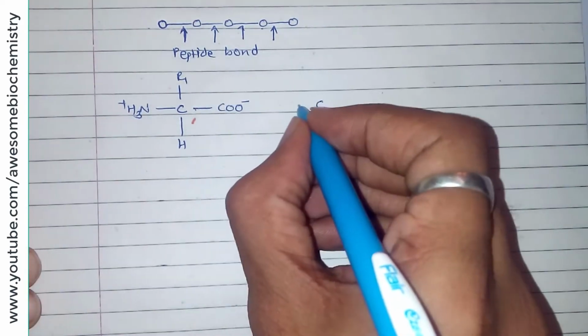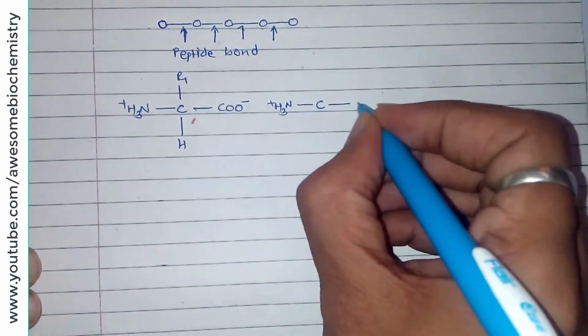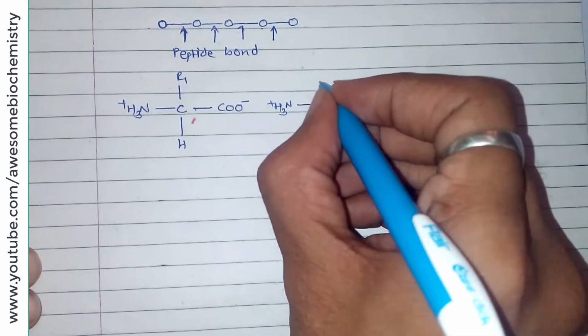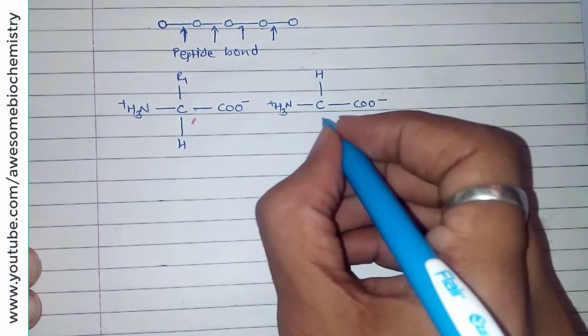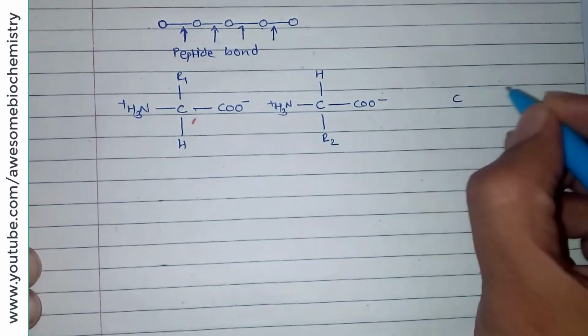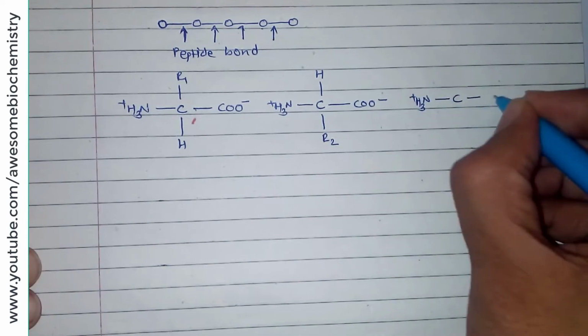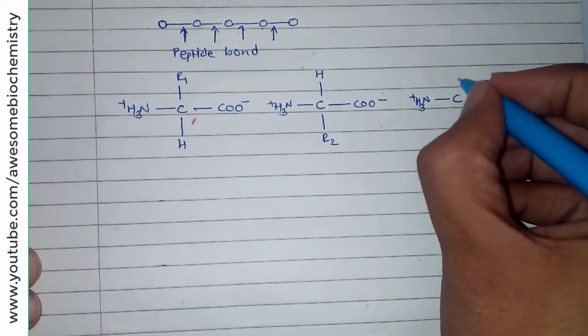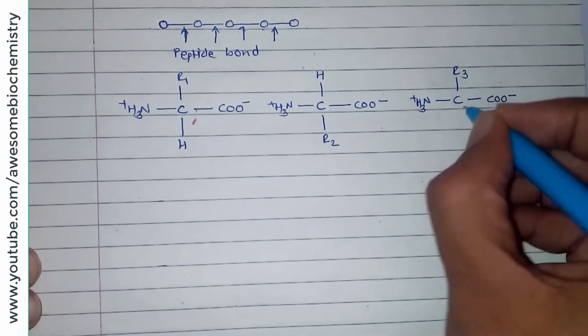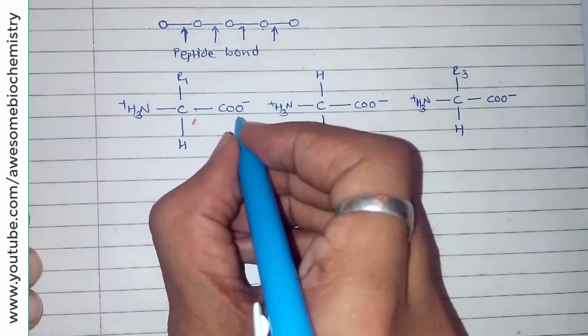Suppose this is the second amino acid, again on the left side we have NH3 plus, on the right side we have the carboxyl group, upper side I will write H and lower side R2. This is the third amino acid, again amino group on the left side, carboxyl group on the right side, side chain R and hydrogen. Now, while making a peptide bond, what happens?